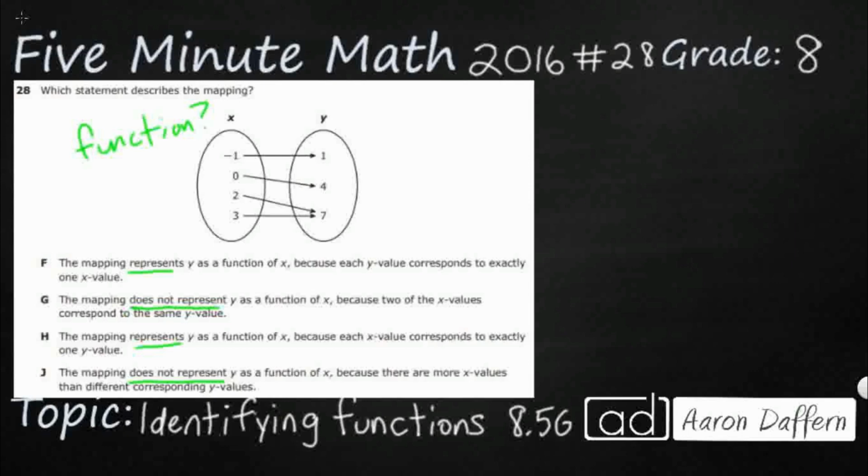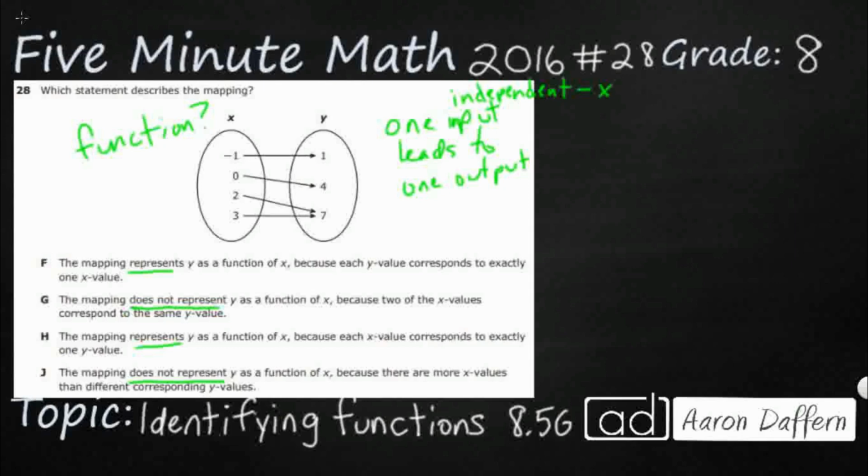A function is simply a relationship that we have in math where one input leads to one output. So what are our inputs? What are our outputs? Well, our inputs are always our independent variables, and we should know by now that we label those as our x.